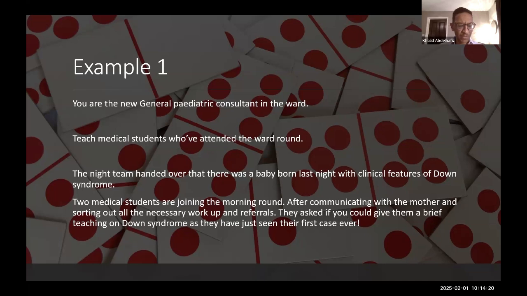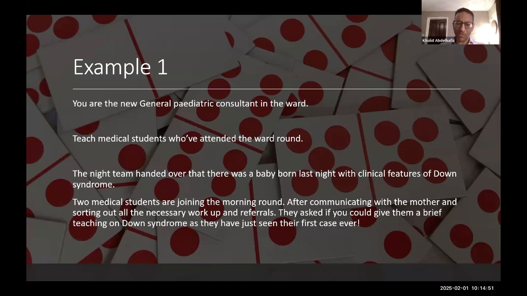I can't really remember exactly what it involves. Basically every woman will be screened for Down syndrome. And once the baby is delivered, the baby will be assessed by the midwifery team. They will ask us to assess the baby quickly, and if there are any clinical features, then we will be doing a lot of referrals. One of them is for cardiology, and we might also arrange for follow-up.